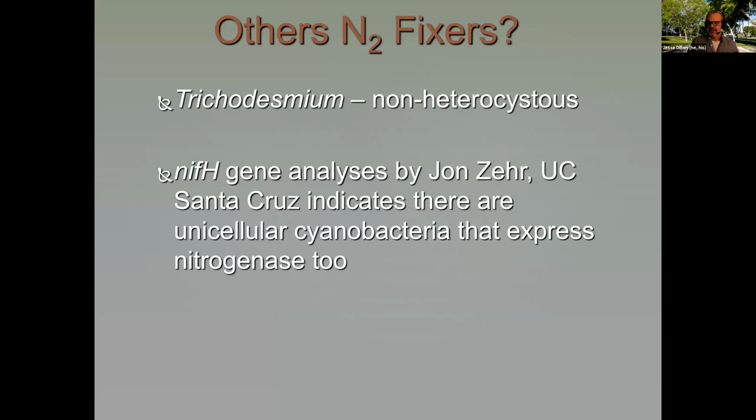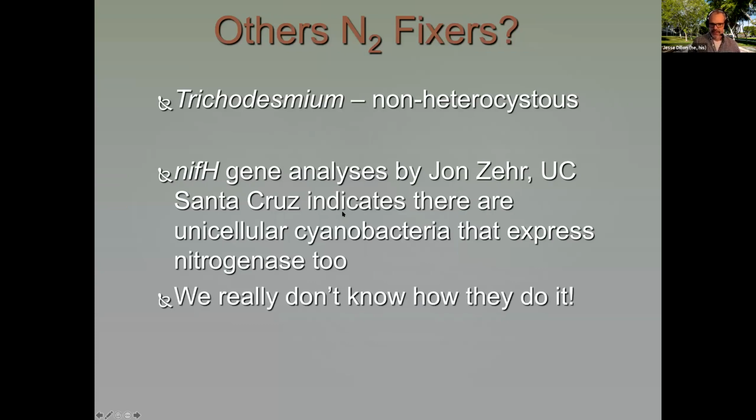And when he looked for the specific cells, it wasn't Trichodesmium, it wasn't heterocyst-formers, it was these little unicells. And so the question is, how is this possible? How are they protecting their nitrogenase? And we honestly don't know. So this is a very active area of research that his lab and others are still pursuing.